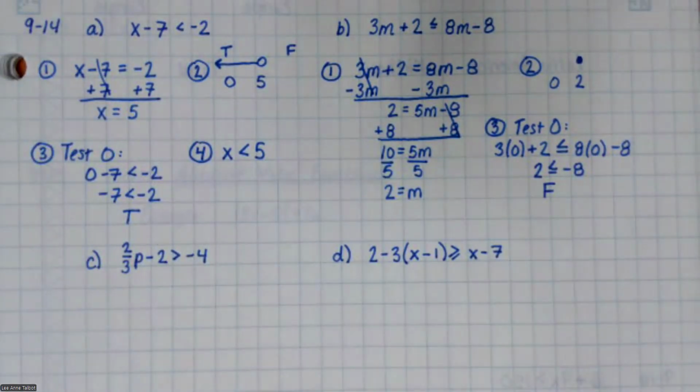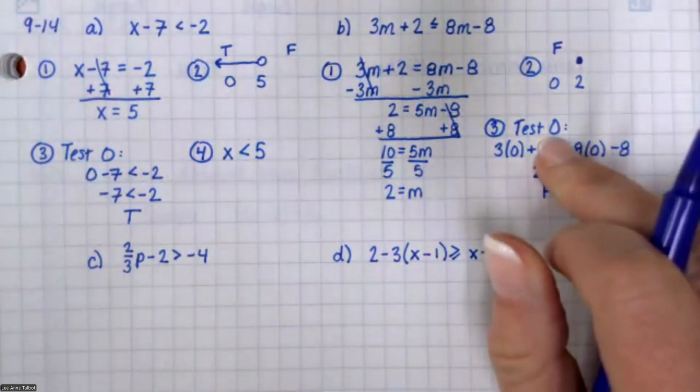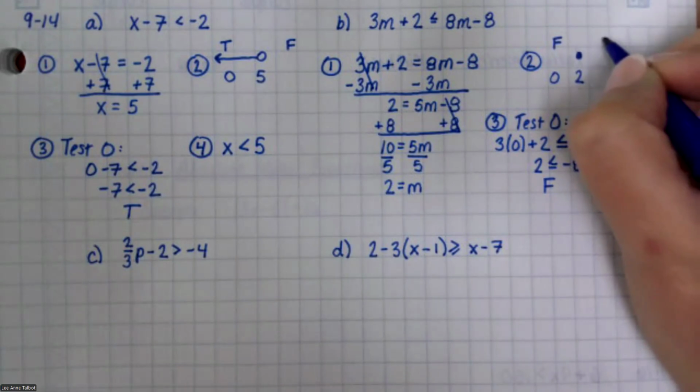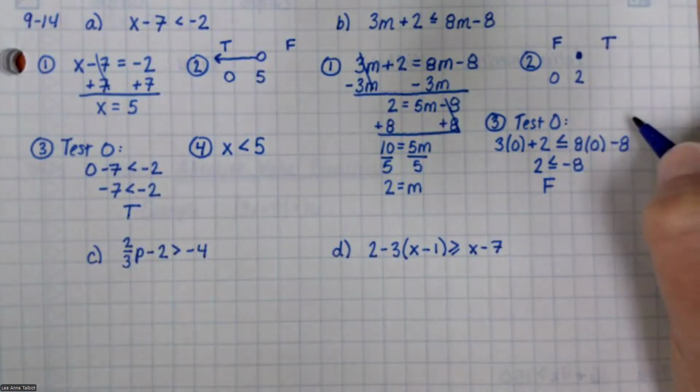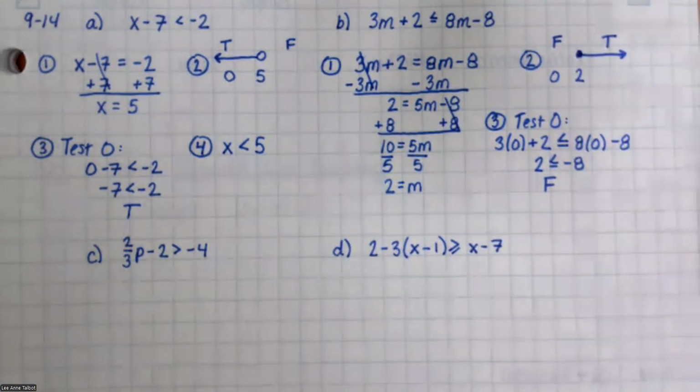Okay, that means I'm going to put a false at 0 because I was testing 0. That side is false. The other side is true. My arrow is going to be getting the answers.